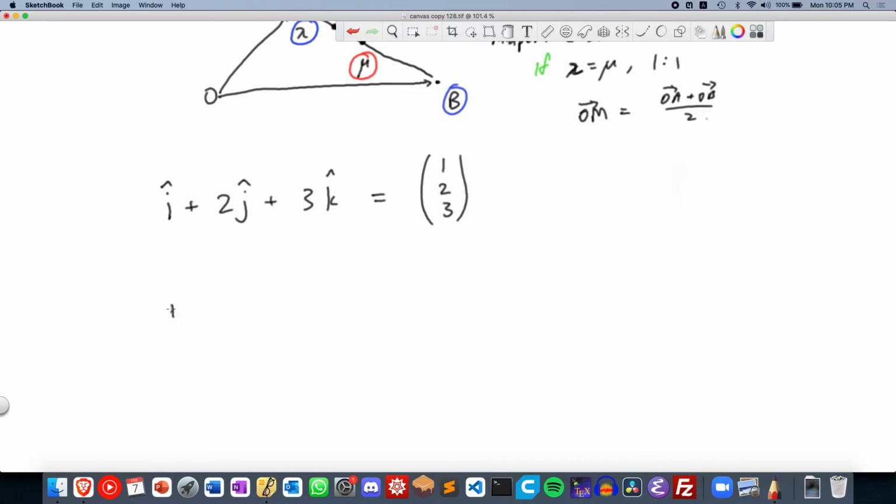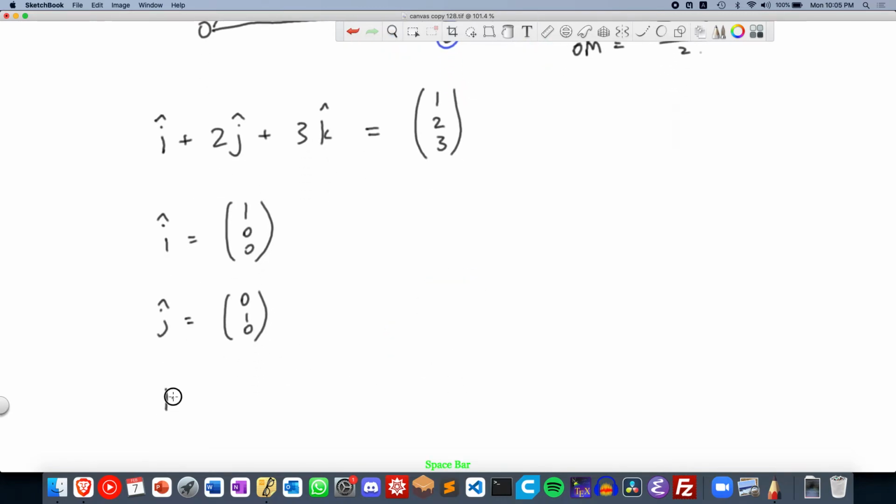And how you understand that is i hat is the vector 1, 0, 0, j hat is the vector 0, 1, 0, and k hat is the vector 0, 0, 1. So these are just unit vectors in the x direction for i, y for j, and z for k hat.